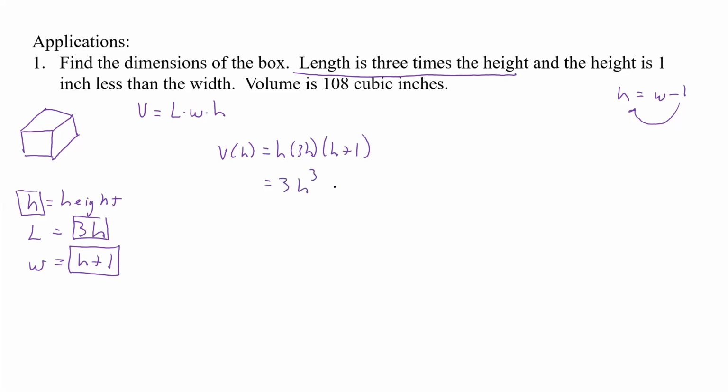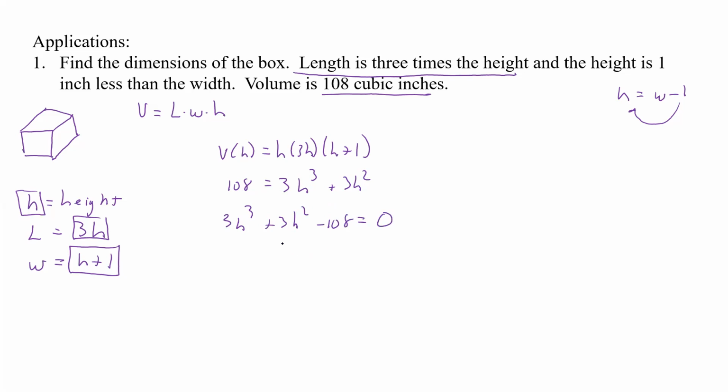And 3h squared times 1 is going to be plus 3h squared. And we also know that's equal to 108. Okay, so now we know that. What can we do with this? Well, if we solve this for equal to 0, we get 3h to the third plus 3h squared, and then minus 108 equals 0. Okay.